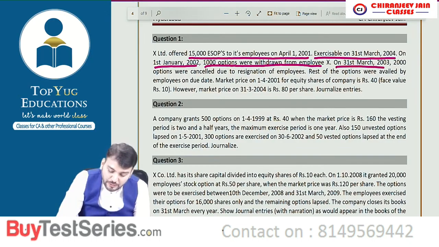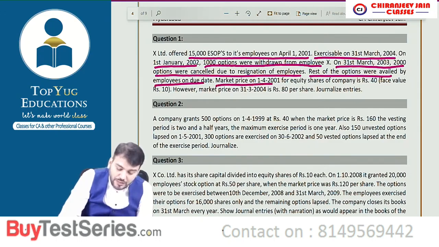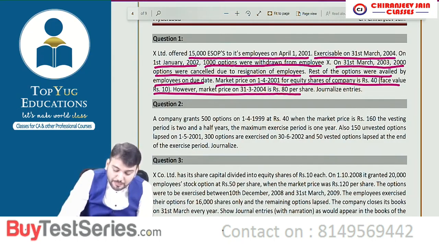On 31st March 2003, 2,000 options were cancelled due to resignation of employee. Rest of the options were availed by employees on due date. Market price on 1/4/2001 for equity shares of the company is 40. Face value is 10. However, the market price on 31st March 2004 is 80 per share.